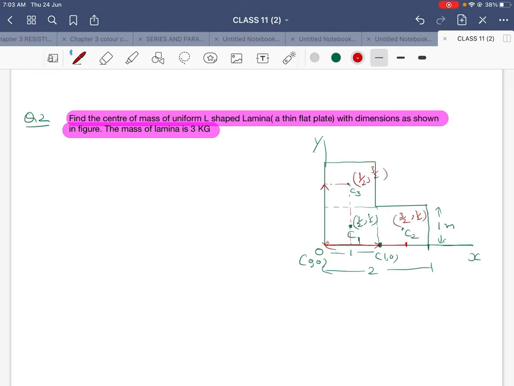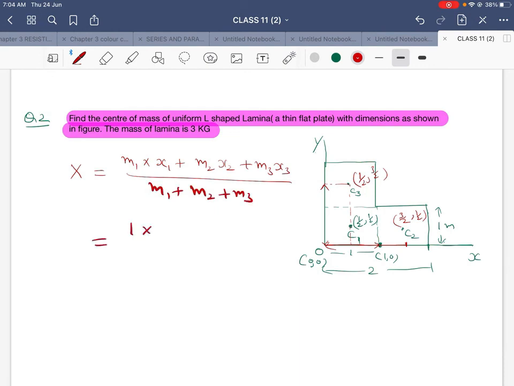Now the center of mass of the whole L-shaped lamina, having coordinates X and Y, is given as follows. The x coordinate is equal to m1 x1 plus m2 x2 plus m3 x3, divided by the total mass, that is m1 plus m2 plus m3.